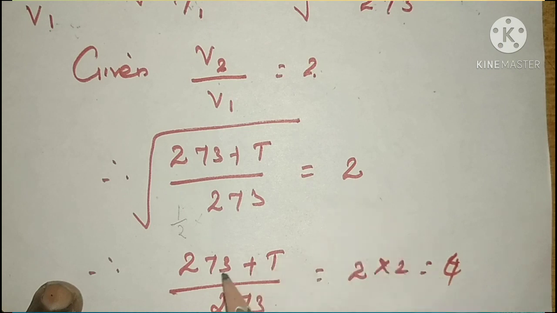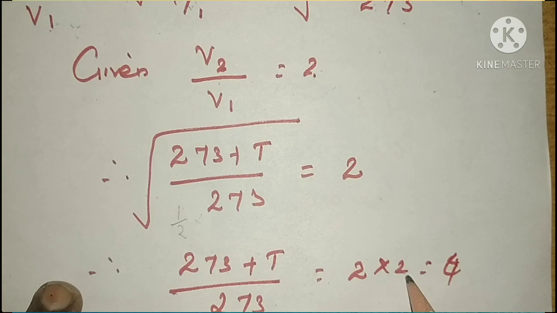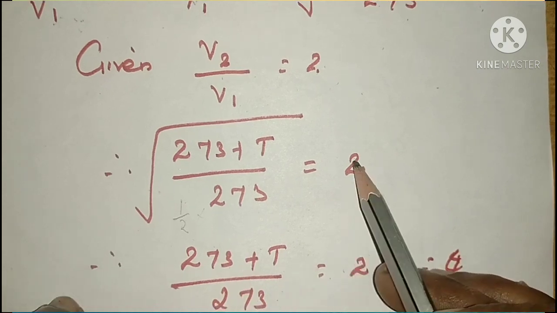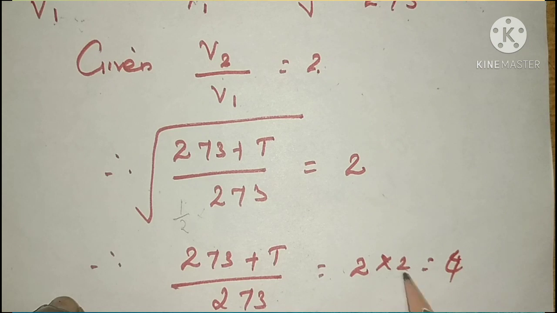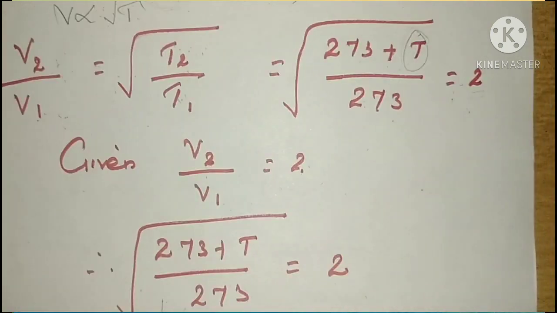So, if you are taking the square root, that 2 we can multiply here. 273 plus T divided by 273 is equal to, already 2 is here, along with that we can multiply 2. 2 2s are 4. So next step, 273 plus T divided by 273 is equal to 4.